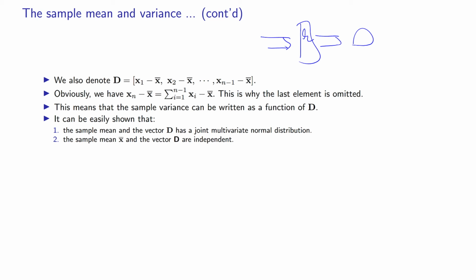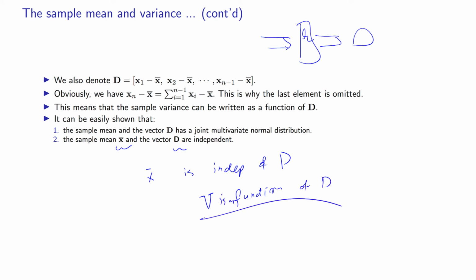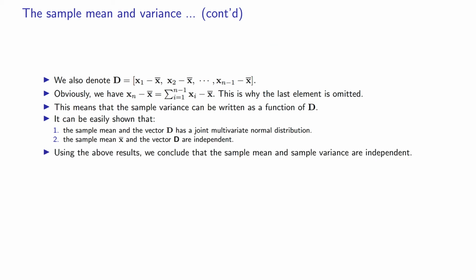The sample mean and the vector d should be independent. The sample variance is a function of only d, so a function of d should also be independent of x bar, because d itself is independent of x bar. So the proof is complete.